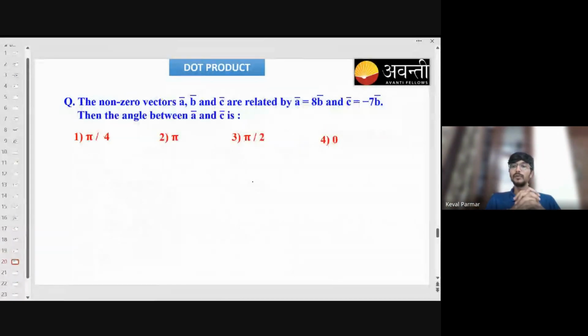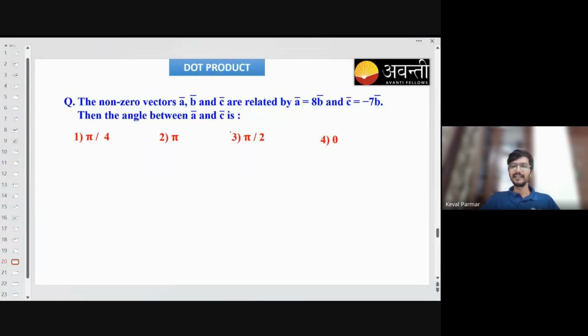Now I want you guys to give me an answer. What is the answer to this? Come on, guys.